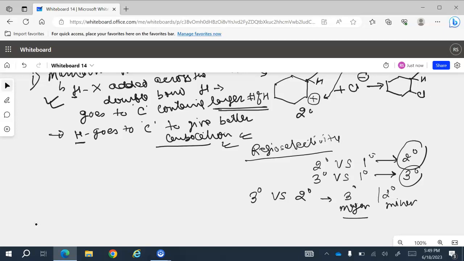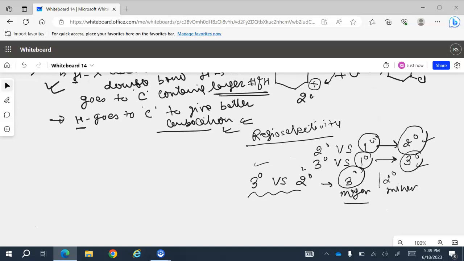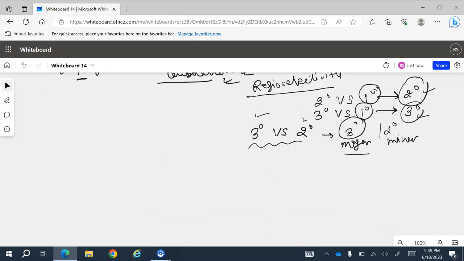So basically, in other words, primary carbocation is very unlikely to form. That is why either the tertiary or secondary will be the exclusive product, whereas if the reaction is resulting in tertiary versus secondary carbocation, then tertiary will be the major and secondary will be the minor. That is the regioselectivity that we can mention.